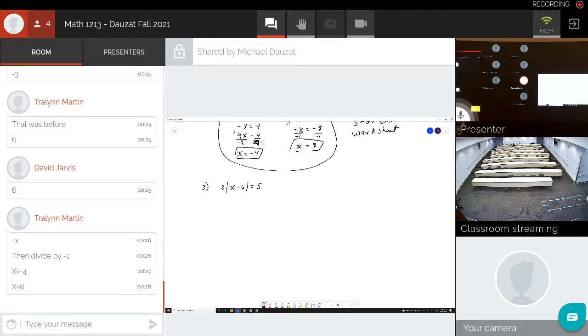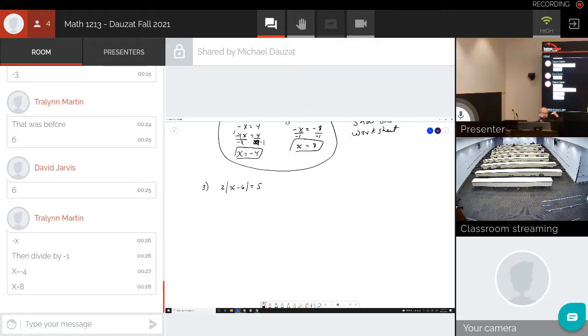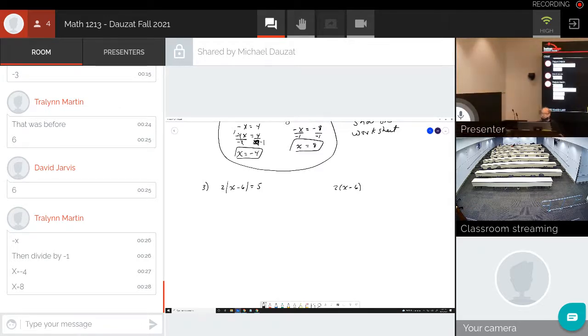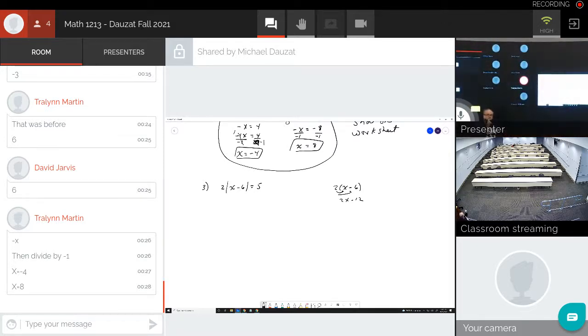Many students want to distribute that number because they think of this: 2 times in parentheses x minus 6. In that one, I can definitely use the distributive property, because that will be 2x minus 12, right? But you got to be careful with absolute value bars.